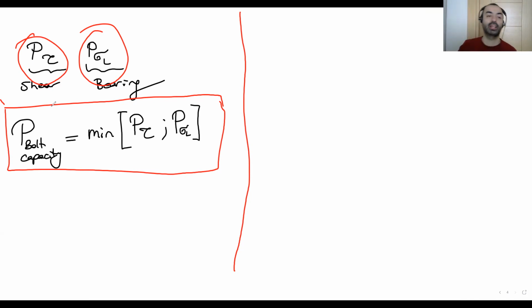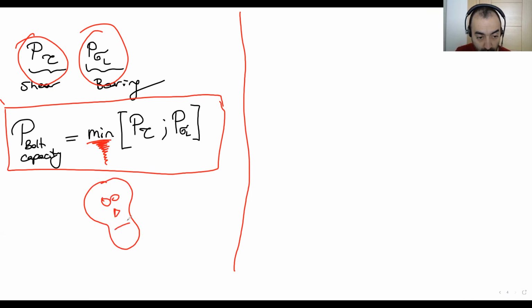That means your connection will fail. That's why it's totally wrong, and that's why you have to select the minimum. This portion is important.